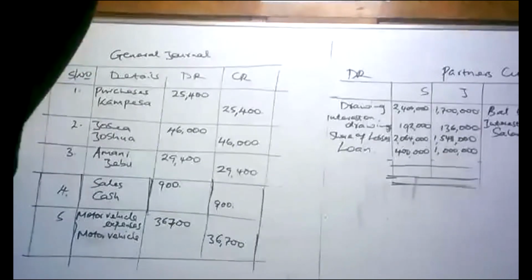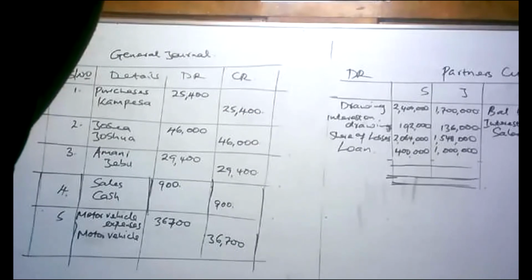We said it was an overcast, but this looks like an undercast. Why did we say it is an overcast? It was supposed to be 5,650, but it was entered as 6,550. So that was an overcast.